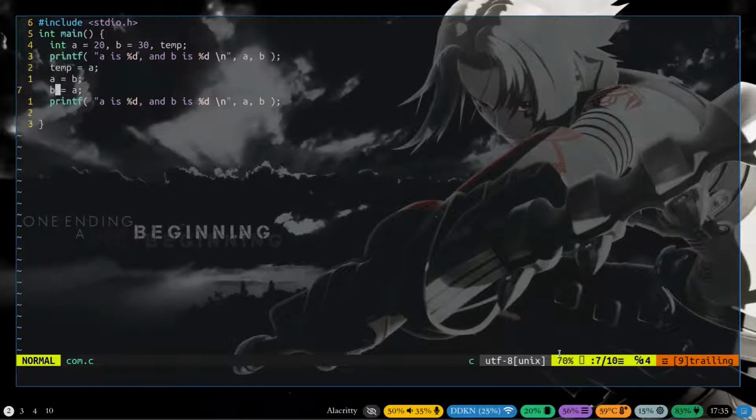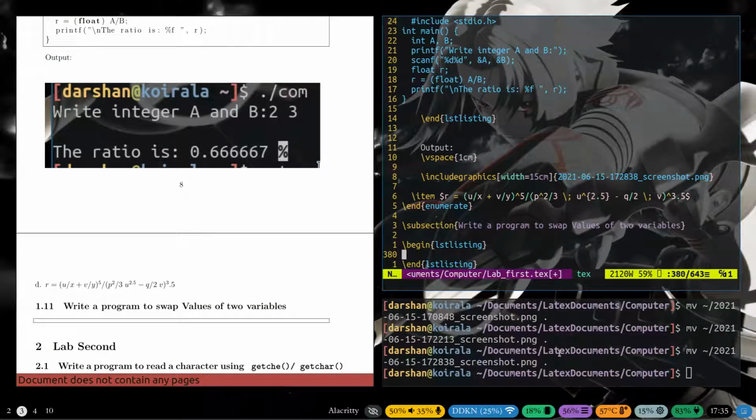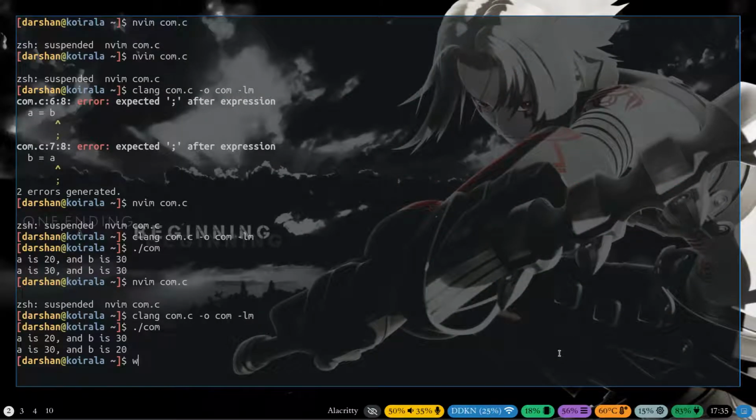So a is b, b equal to temporary. Okay. That's the listing, right? So copy the code.